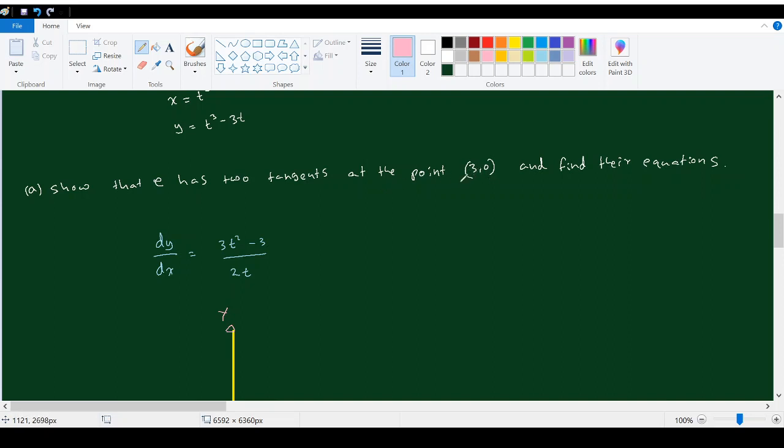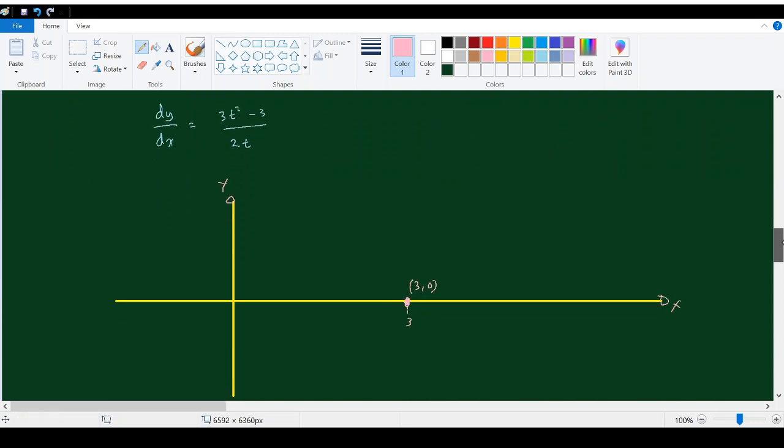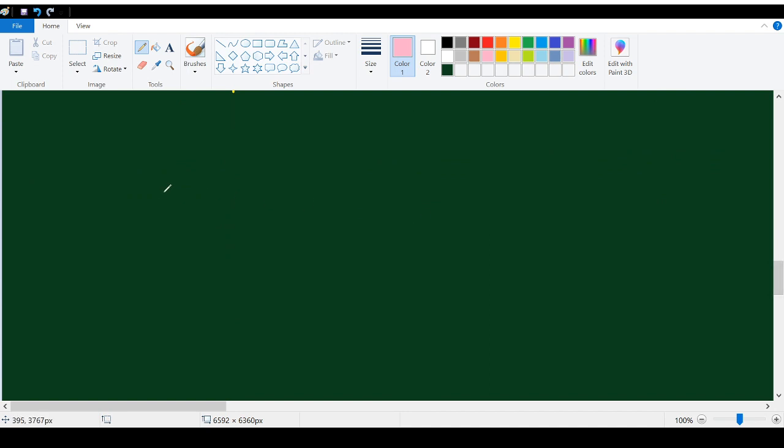Now can a function, or I mean a curve, have two tangents at a given point? Most of the curves that we described in calculus 1 are actually functions, right? So if it is a function, at a certain point it will only have a single tangent.